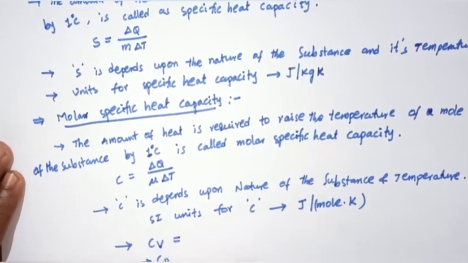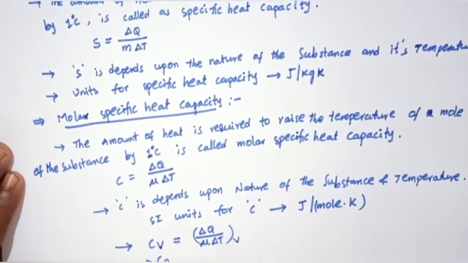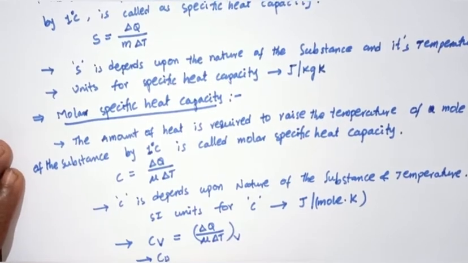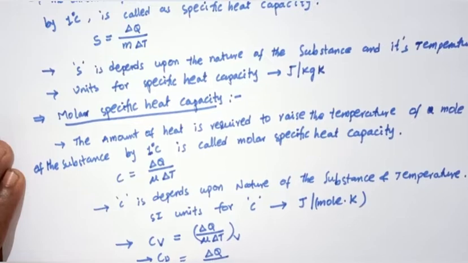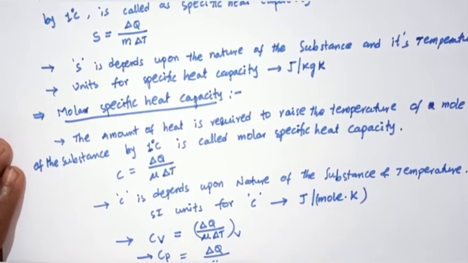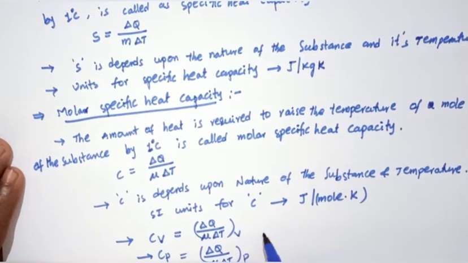Cv equals delta Q by mu into delta T at constant volume, and Cp equals delta Q by mu into delta T at constant pressure.